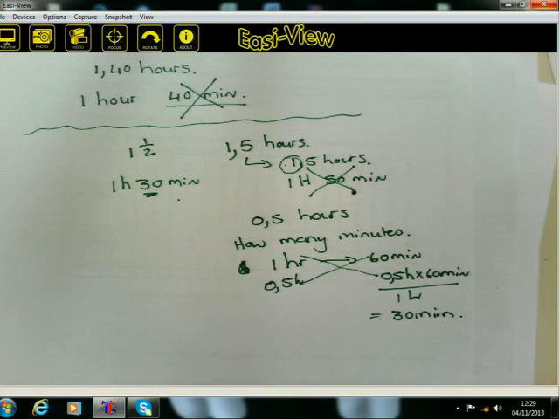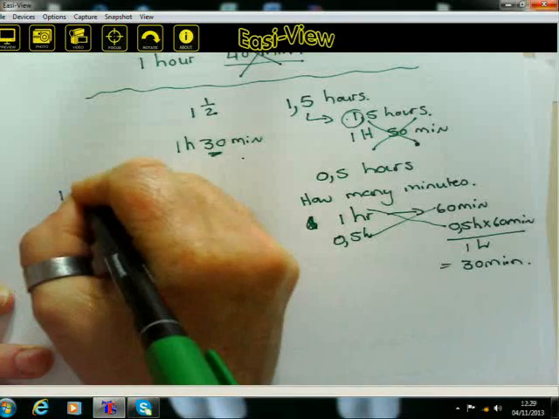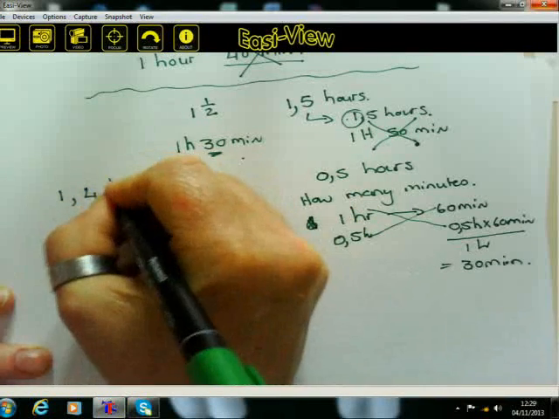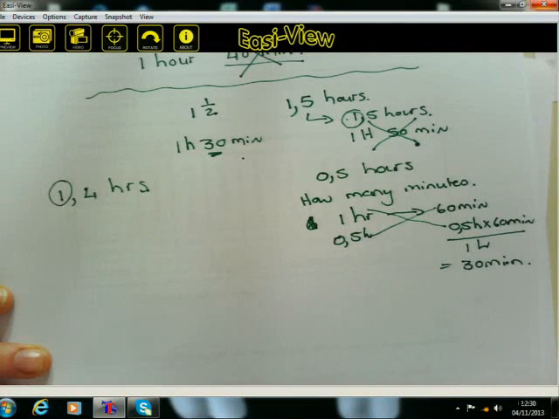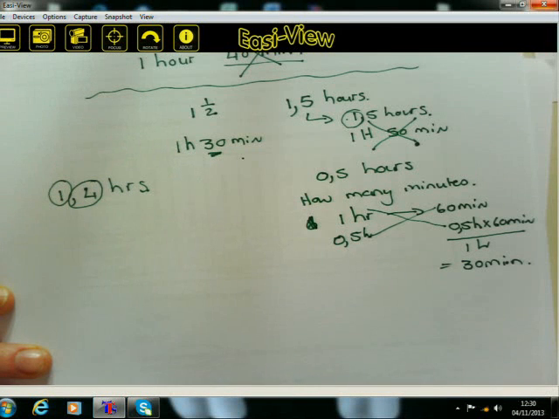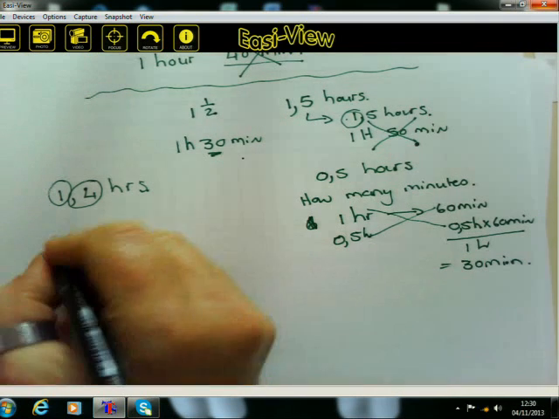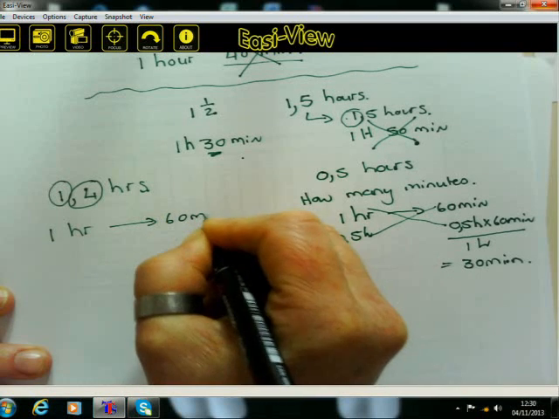Okay? So if I say 1.4 hours, what must I do? The 1 is obvious, the 1 hour is 1 hour. But the 0.4 is a fraction of that hour. So I must go back and say 1 hour is 60 minutes.